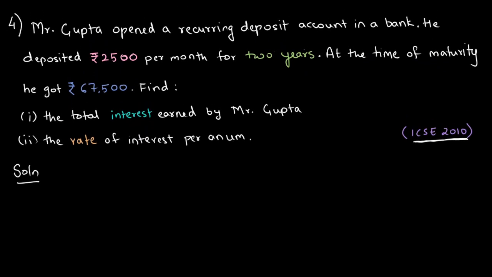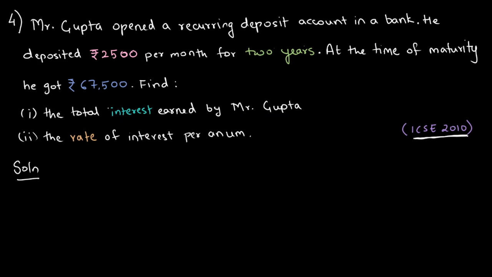Right, so let's first note down all the given information. We've been told he deposits rupees 2,500 per month. So our monthly installment P is rupees 2,500. And he's doing this for 2 years. So our maturity period is 2 into 12, 24 months. Remember, we need to consider the value of n in terms of months as always.